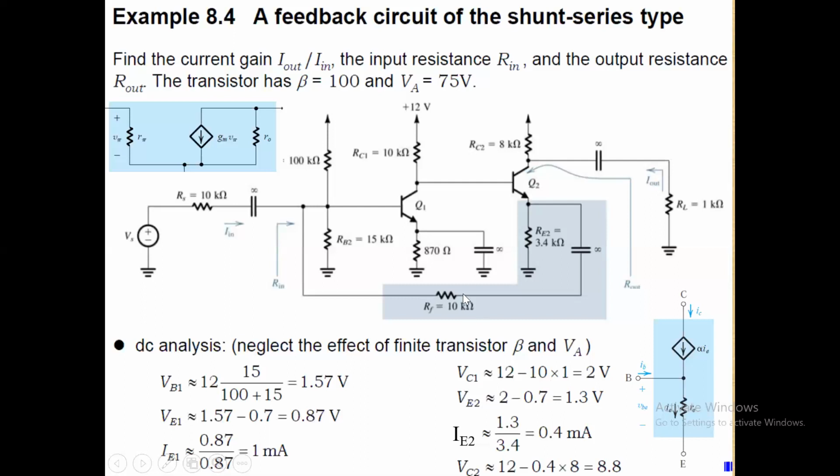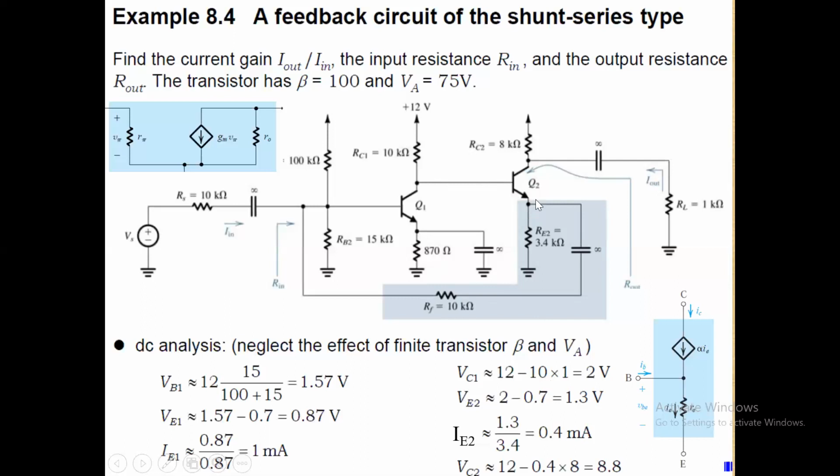Having found the voltage here, so you have 2 volts here, 2 minus again 0.7 will give me 1.3 volts as the emitter voltage of Q2, VE2.